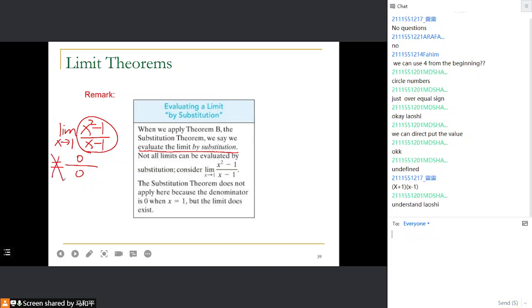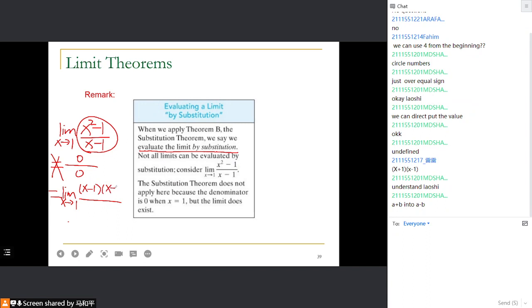Factor the numerator. As x approaches 1, we factor. Here x is near 1, but x is not 1. Right? So if x is near 1, x is not 1, so the factor (x minus 1) over (x minus 1) is equal to 1.